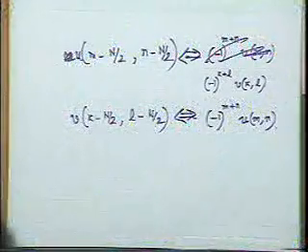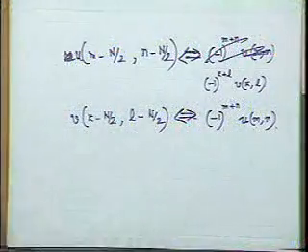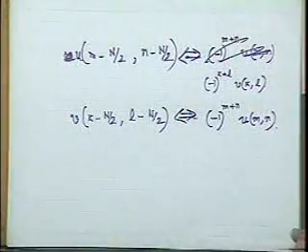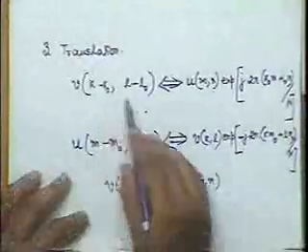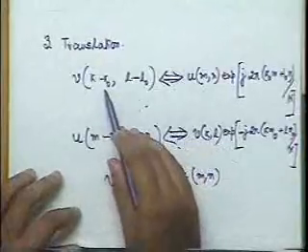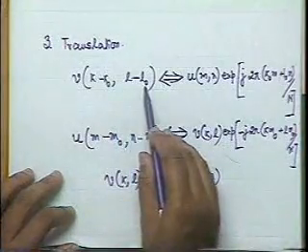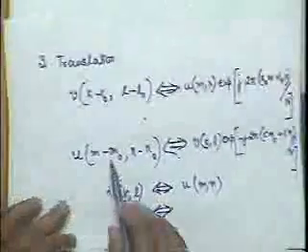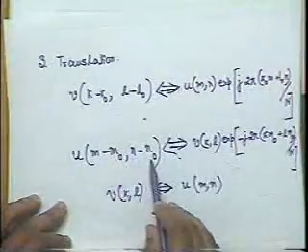So this you can simply get by substituting k equal to N by 2 and l equal to N by 2 in this expression, and by substituting m0 equal to N by 2, n0 equal to N by 2, you get this.